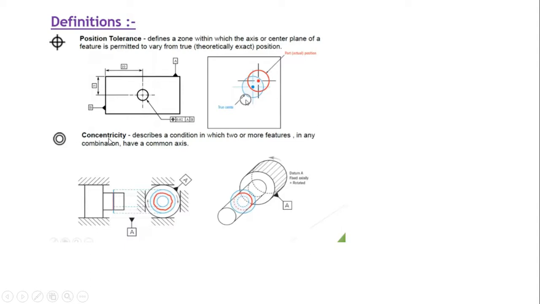And then concentricity: it is the same condition at which two or more features in any combination have the common axis. If we consider this model here, particularly with respect to this axis, this one as well as this particular cylinder has the same axis, so we consider that as concentricity.